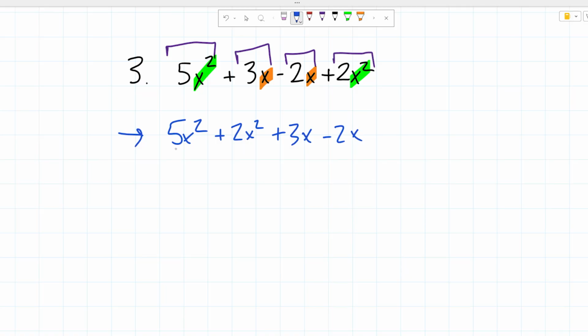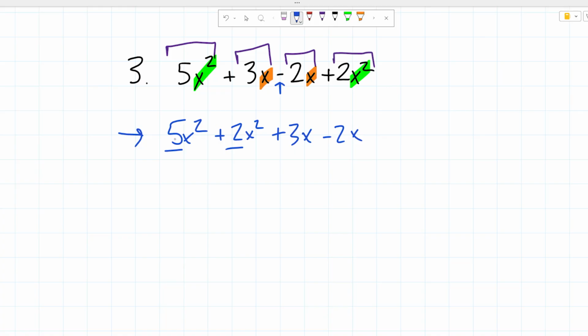I've been in some classrooms where teachers like their students to do this. Personally, I don't think it's necessary. And it can cause errors because if we forget our negative sign and put a plus 2x, then we're going to get the problem wrong. So it just creates another step where we can have unnecessary errors. But if you like this, you can do this. And then again, we're just going to take our coefficients and do whatever it tells us to do.